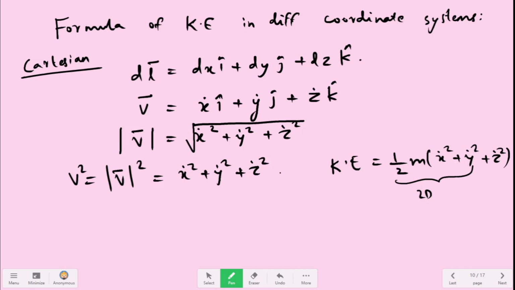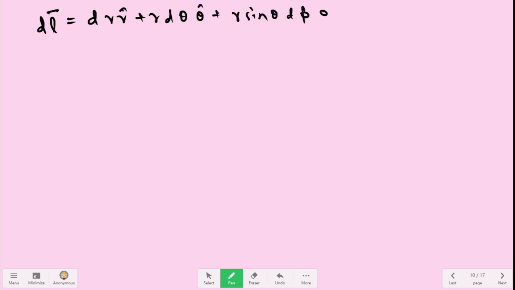In spherical polar coordinate system, we have line element dl = dr r cap + r dθ θ cap + r sinθ dφ φ cap.